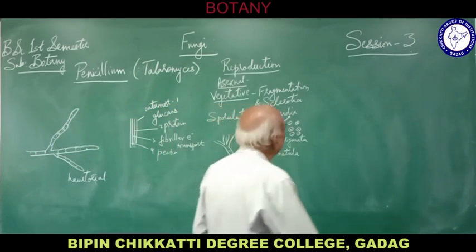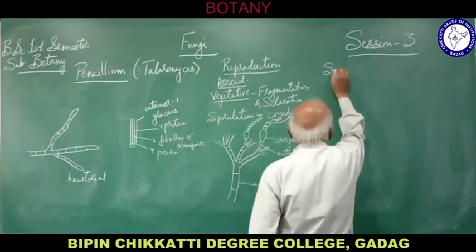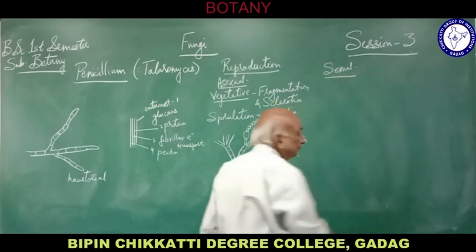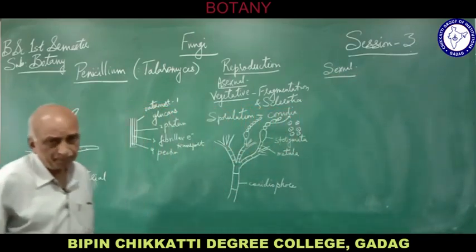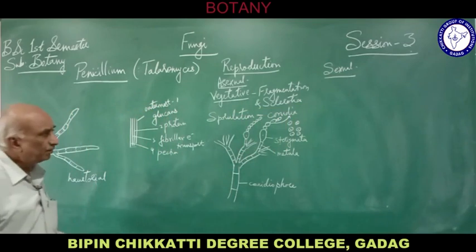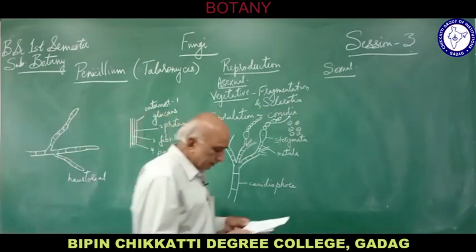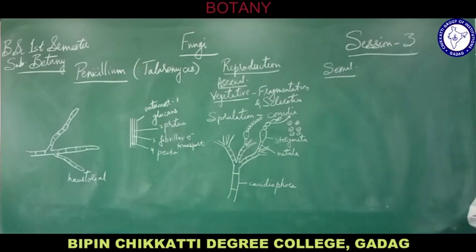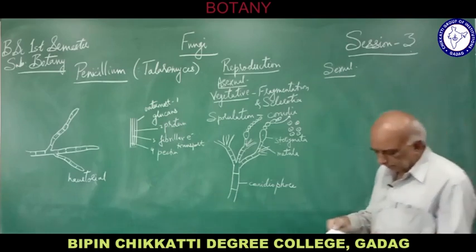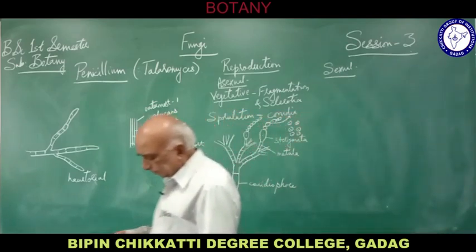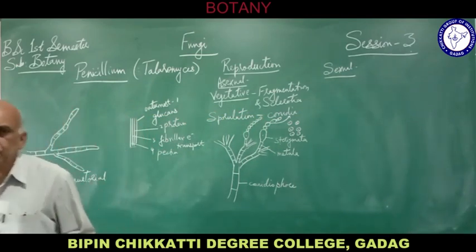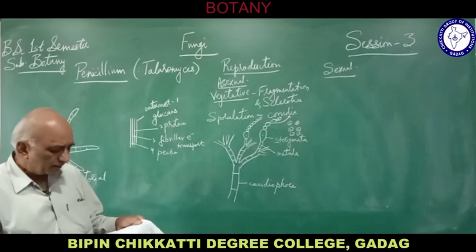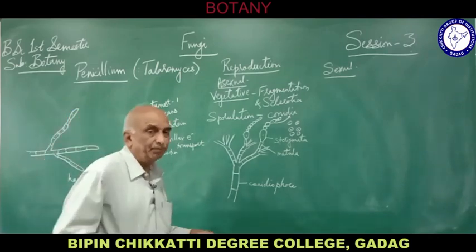Then if you come to the sexual method in the case of Penicillium, sexual method means definitely there must be male and female. Here also we come across the antheridia and the archegonia, which is called the ascogonium.